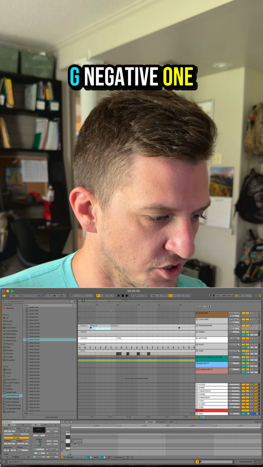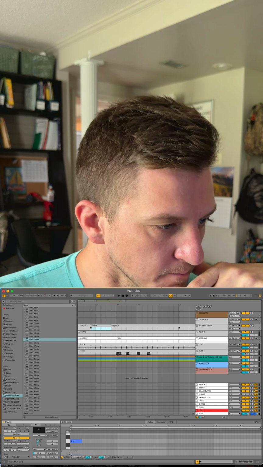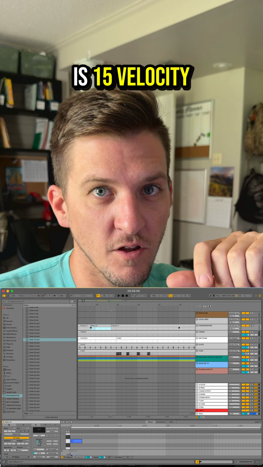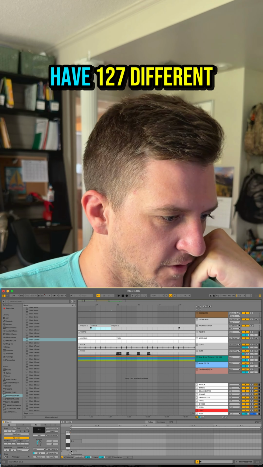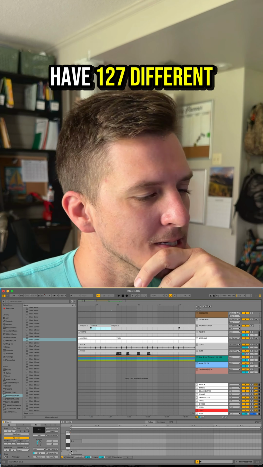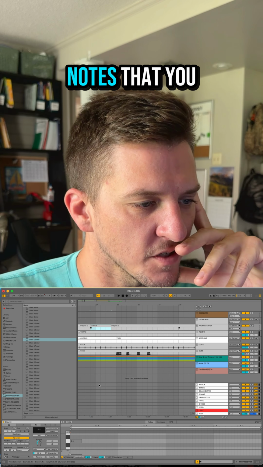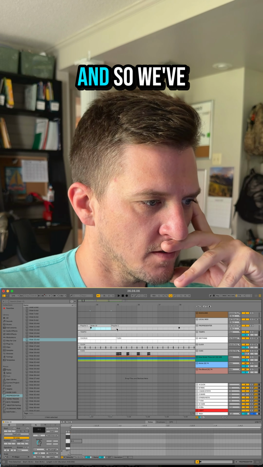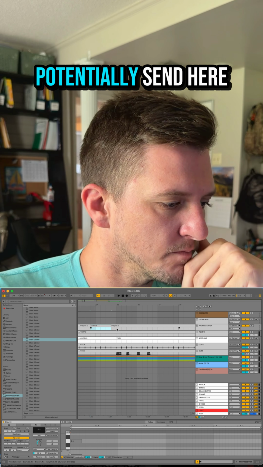So this G-1 note right here, slide 15 is 15 velocity, the dynamic of that note. And so you have 127 different velocity notes that you could send, and so we have 127 slides that we could potentially send here.